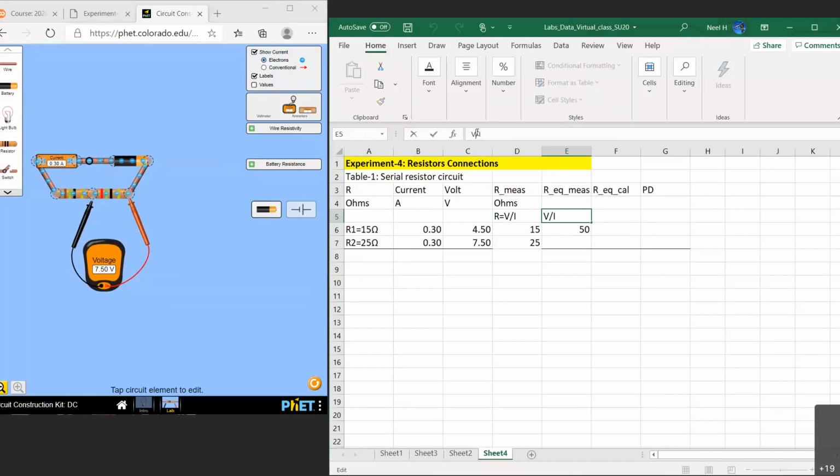Here we take the total applied voltage divided by the total current passing through the circuit. R equivalent calculated is simply the sum of all the resistor values, that means R1 plus R2. So that will be 50 again. So the percentage difference technically is 0. There's no meaning even doing that.